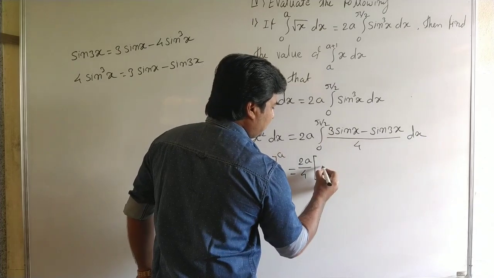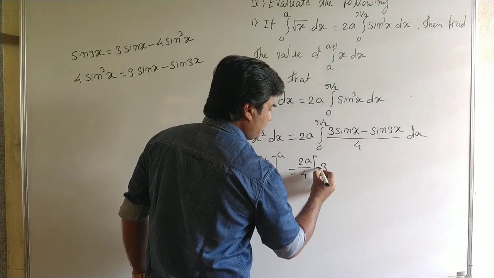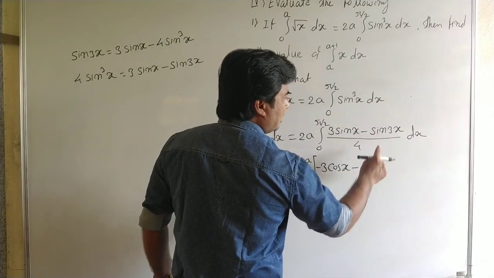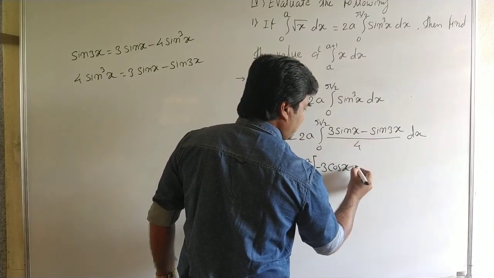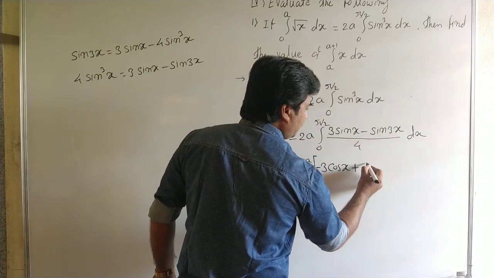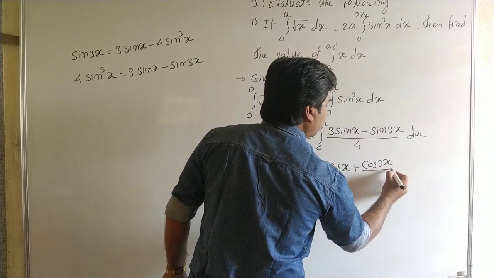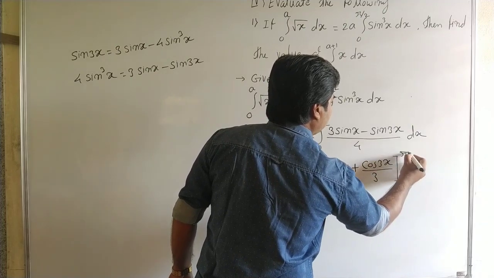Here 3 sine x, the integral of sine x is minus cos x. Therefore minus 3 cos x minus the integral of sine 3x, which is minus cos 3x upon 3, so here we can write plus cos 3x upon 3, and limit 0 to pi by 2.